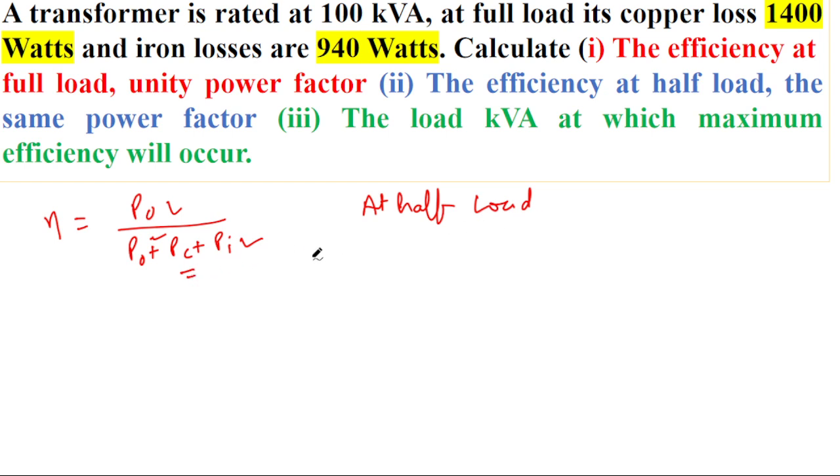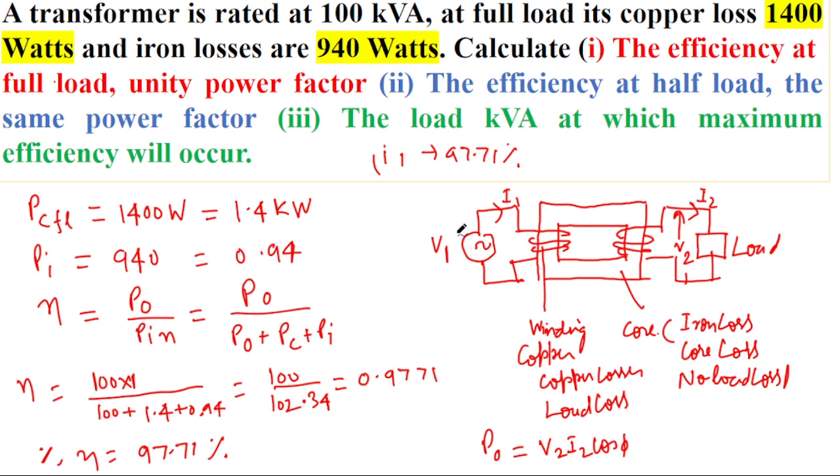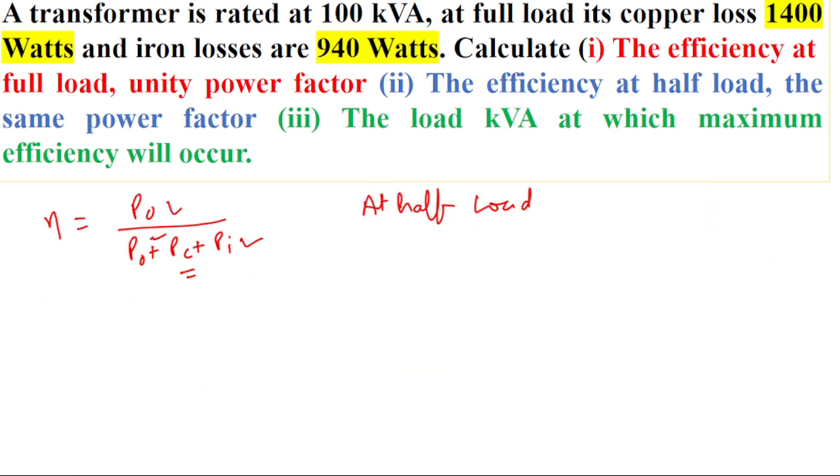So the copper losses, as we know, are happening in the copper part, right. So the losses in the resistance are always given as I square into R. Okay, these are the ohmic losses.